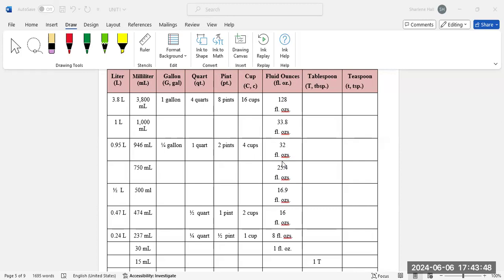Then Naomi was saying something about the box drink, and she was saying it's just 500. This is really what the box drink is: 474 milliliters. 500 milliliters is really 16.9 fluid ounces.